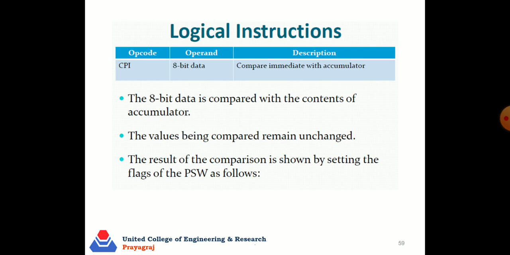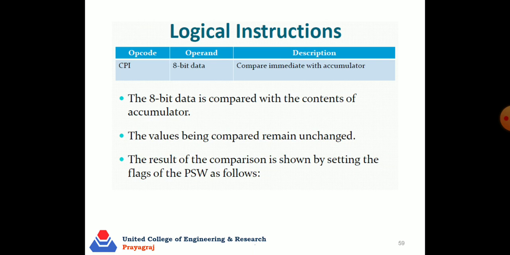So A and the 8-bit data are compared and the status flags are affected according to the numbers. That means if the accumulator is greater than the 8-bit data, the carry flag and the zero flag are reset.